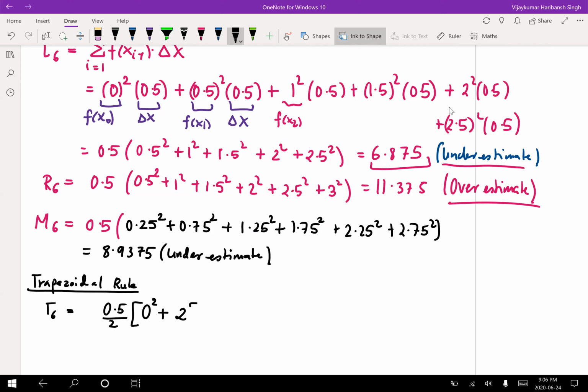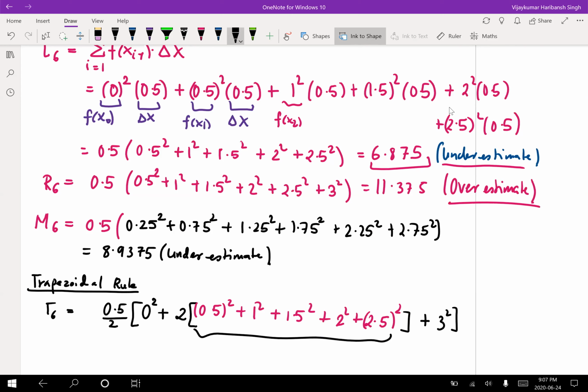So 2 times 0.5 squared, 1 squared, plus 1.5 squared, plus 2 squared, plus 2.5 squared. And the last one you add as it is, so 3 squared. The last ones do not get multiplied by 2. When you work this out, you get 9.125, which is an overestimate.